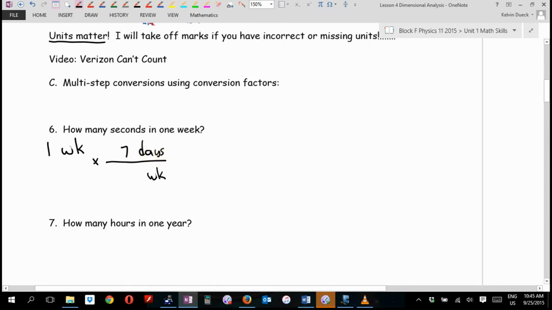See, you all know that. But here's the nice thing. Weeks now cancels. In fact, now we are in days. Does anybody know how many seconds are in a day? No? Oh, who cares? I've never memorized that either. I do want days to cancel, so where will I put it in my next fraction? Since it's on the top, I'll put it on the bottom now.